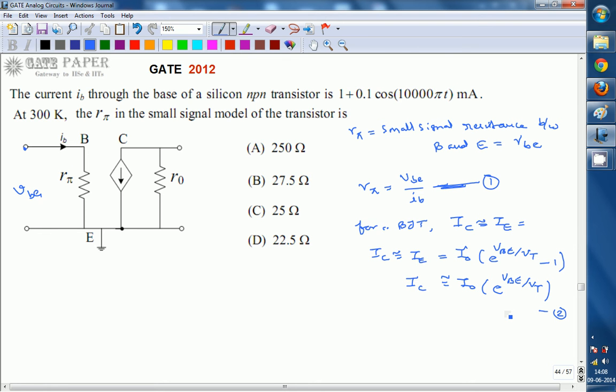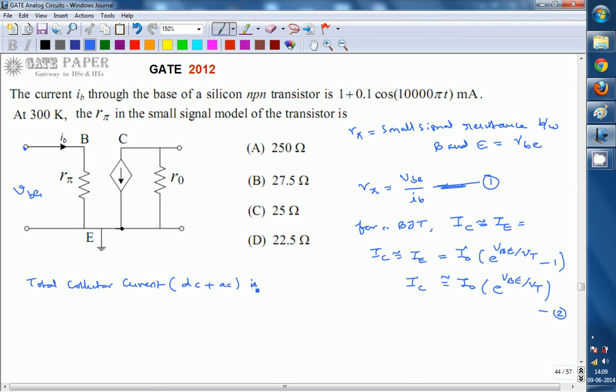After that, if you apply an AC signal, it is superimposed on the DC levels. The total overall collector current is DC plus AC.